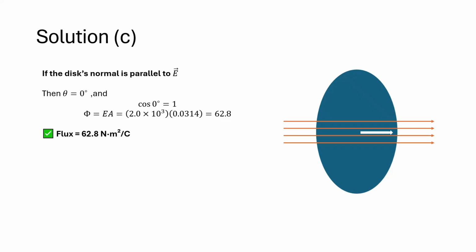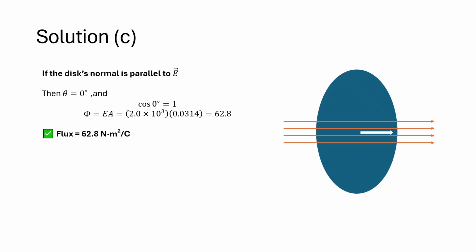So if we compute that, the magnitude of the electric field is 2.0 times 10 to the 3, and our area is 0.0314 square meter. Take note, I did not write the units here for the sake of explanation, but in your computation, you really have to emphasize the units of every quantity.